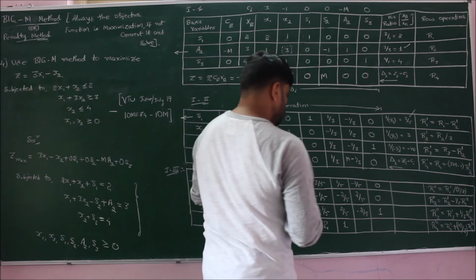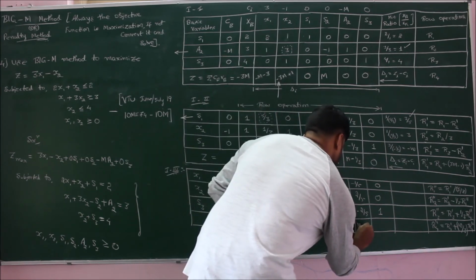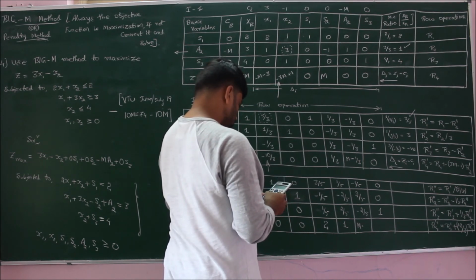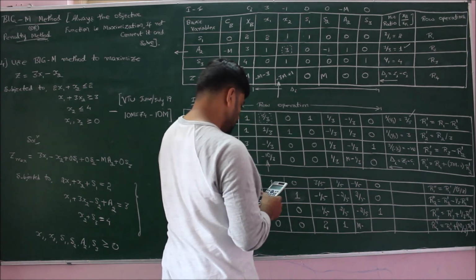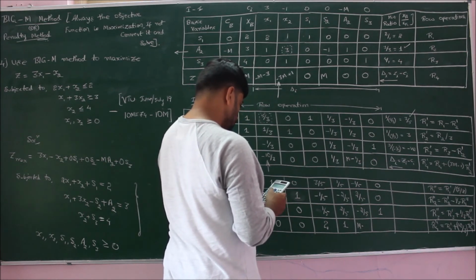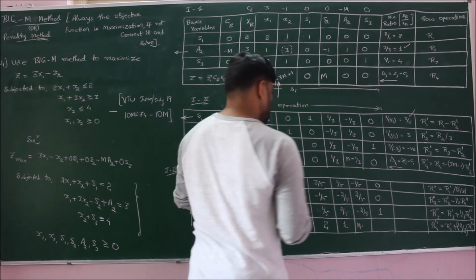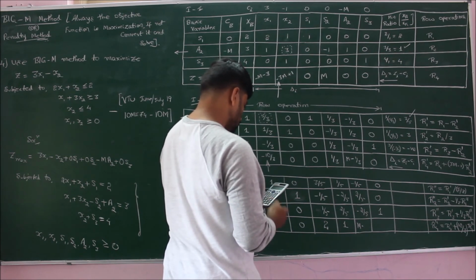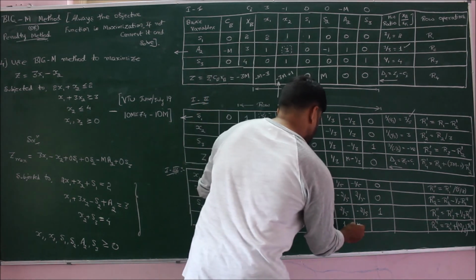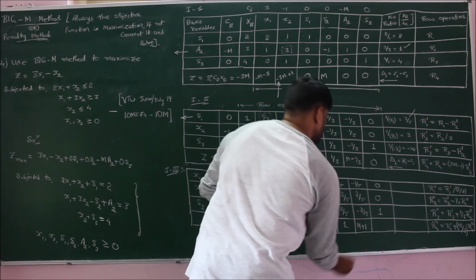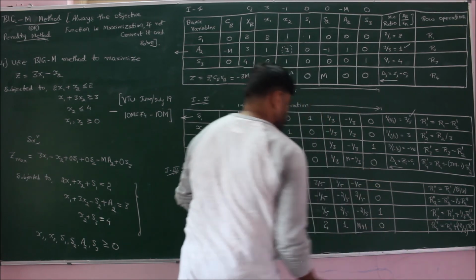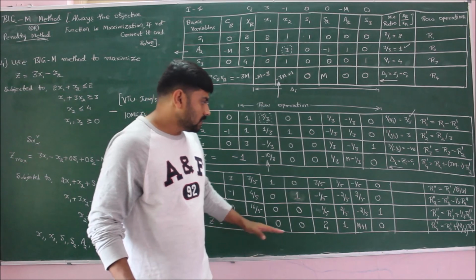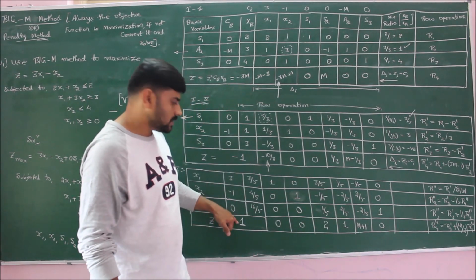Here we have m, so write m as it is, minus 1 by 3 minus 1 by 3 plus 10 by 3 into minus 1 by 5. Minus 1, so therefore we get as m plus 1. So here also 0, here also 0, it will become 0. So it is clear that all the elements of delta I are greater than or equal to 0, they are positive, the problem terminates and the answer is 1.